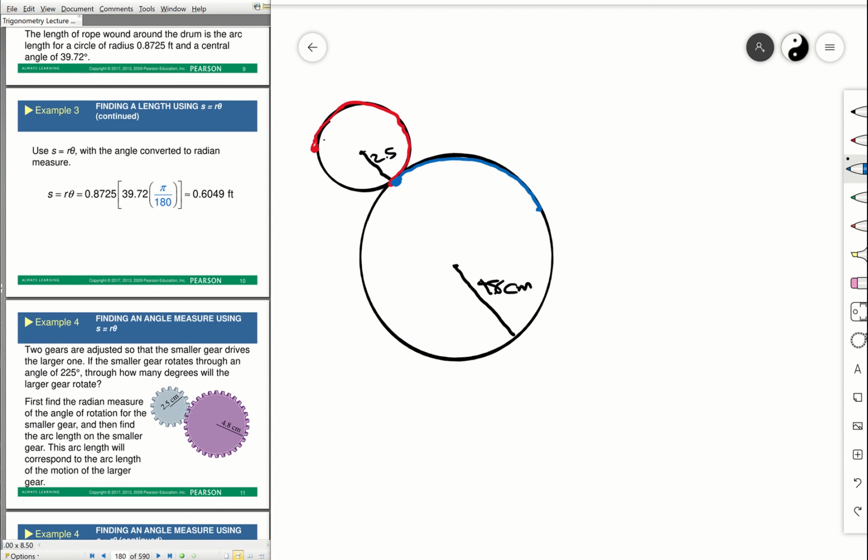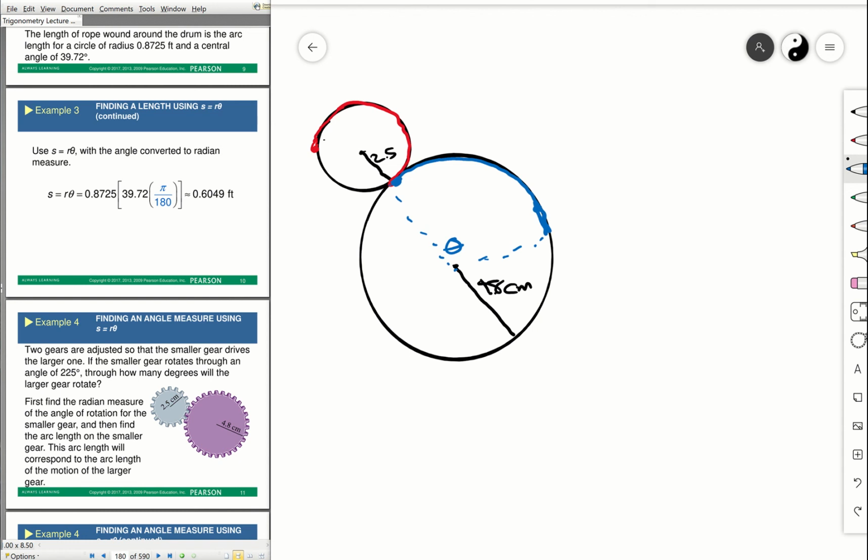So basically what we're going to do is find out what central angle that distance will correspond to on the larger circle. So this is what we're going to calculate.